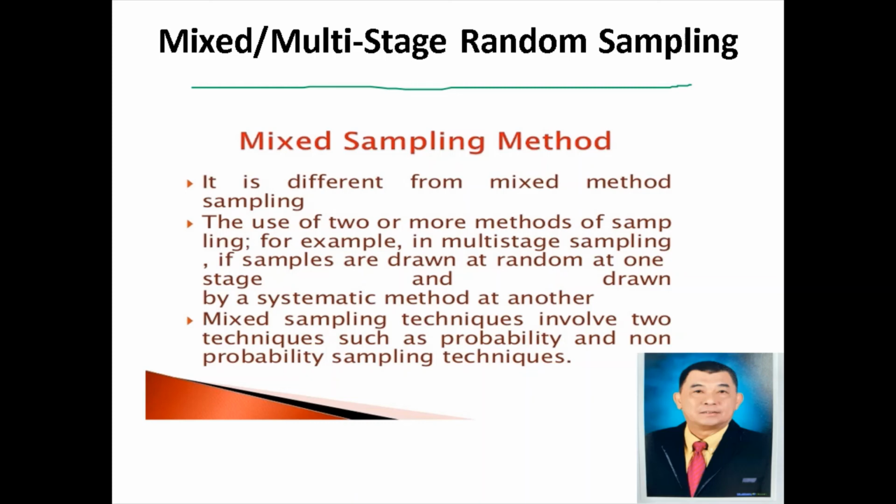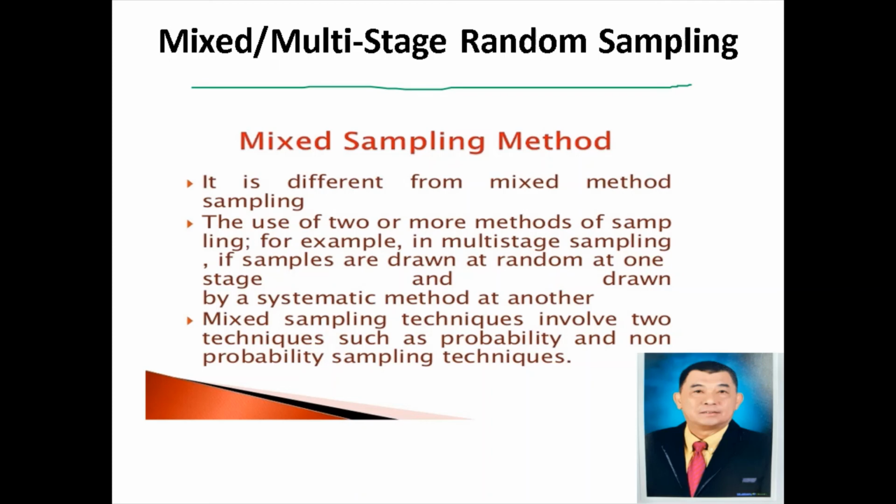So mixed or multi-stage random sampling mixes sampling techniques, such as probability and non-probability sampling. Or if you are using probability sampling, maybe you can use cluster sampling and stratified sampling, or the simple random sampling. So it's a combination of the different sampling methods.